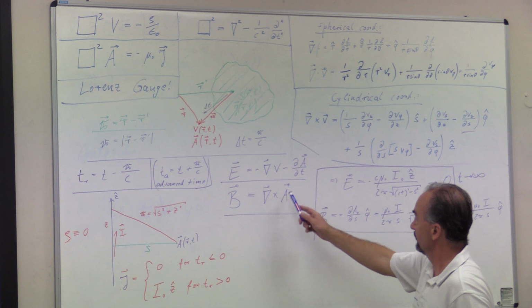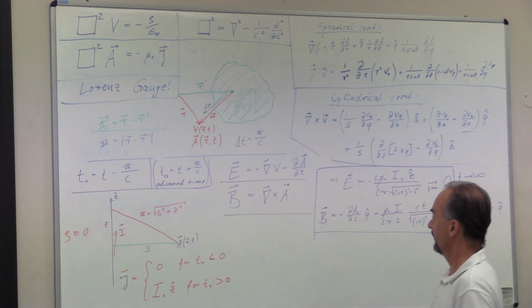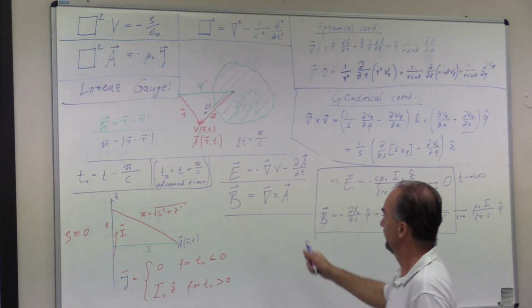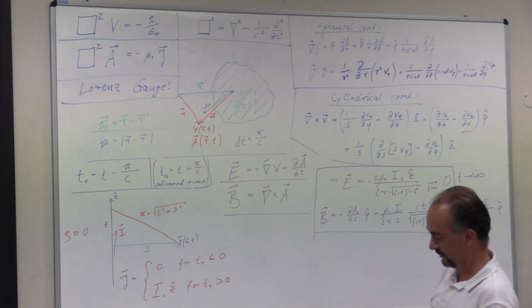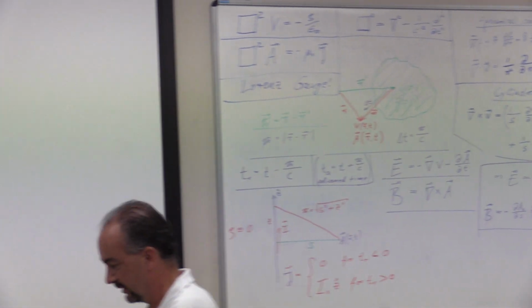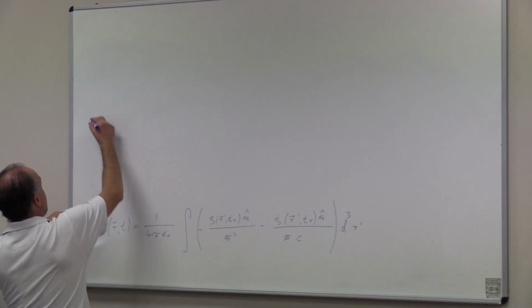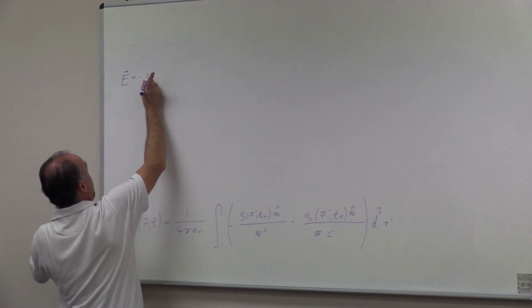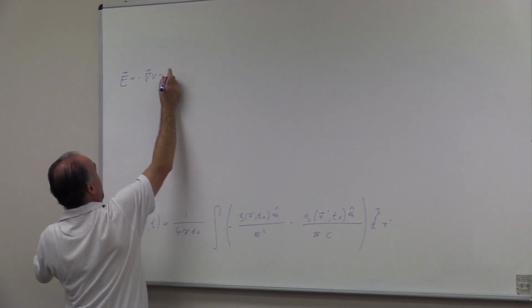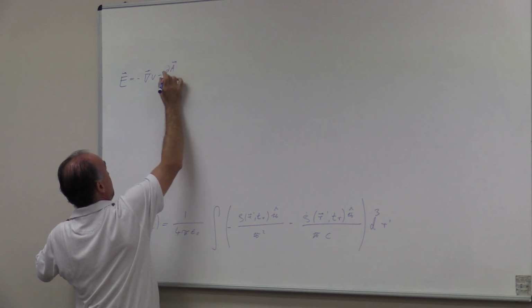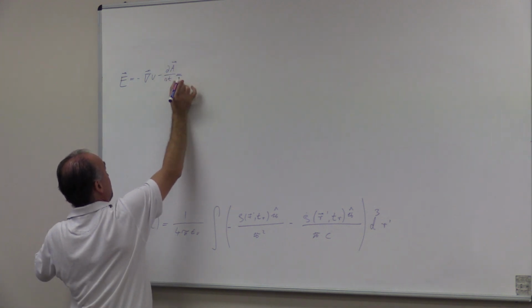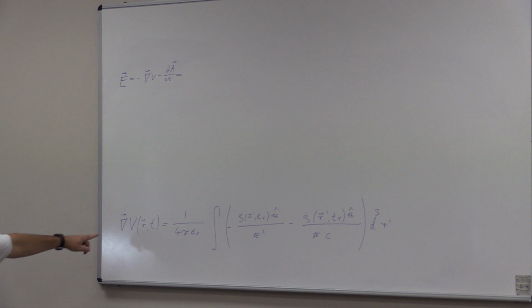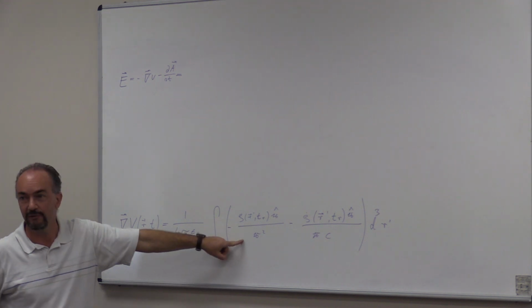So let's see if we can do this directly with our expressions for V and A. So let's calculate the electric field. The electric field, of course, is minus gradient V minus dA over dt. Well, that's pretty easy. Gradient V, that's why I left this here. We've already done that.